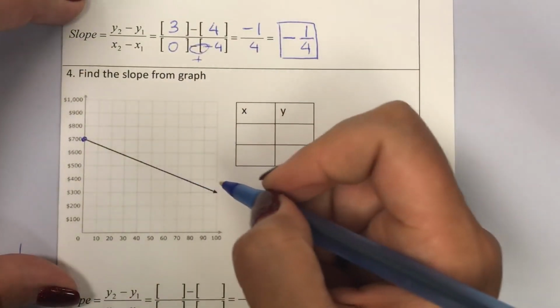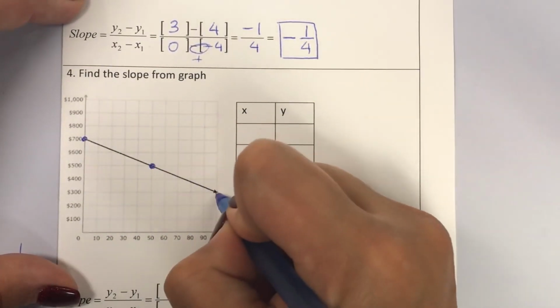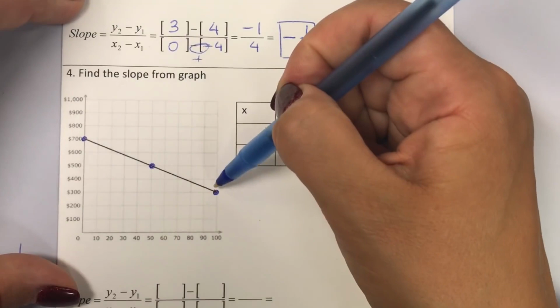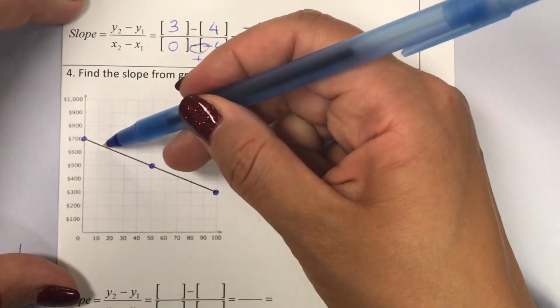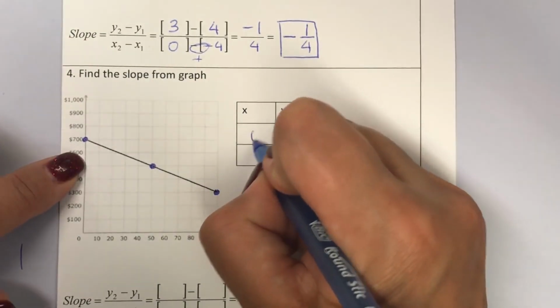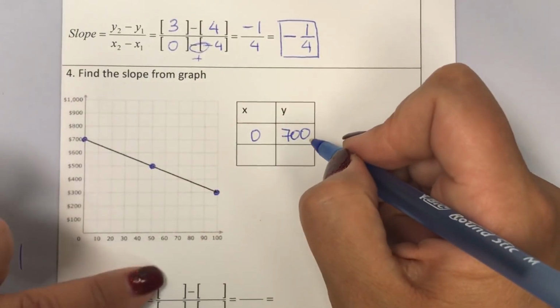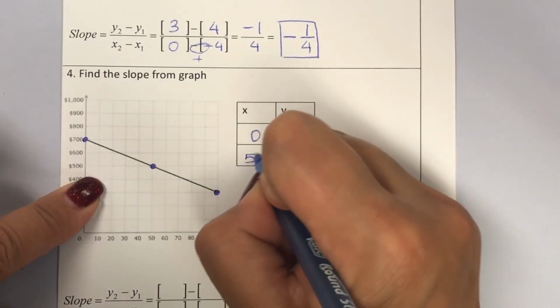So let's say I can read this point clearly, this one, and this one. The other ones are not going through exact intersection. So I'm going to use point 0, 700 and then 50, 500.